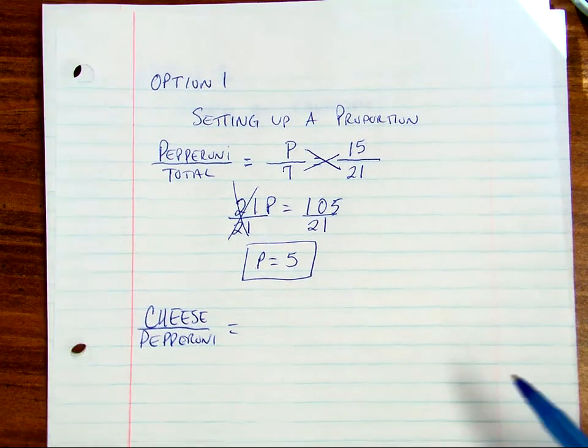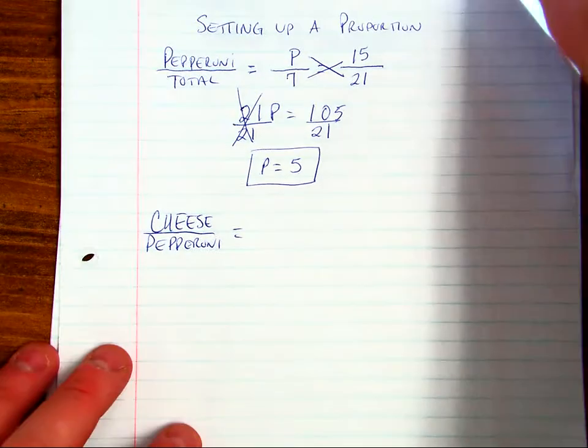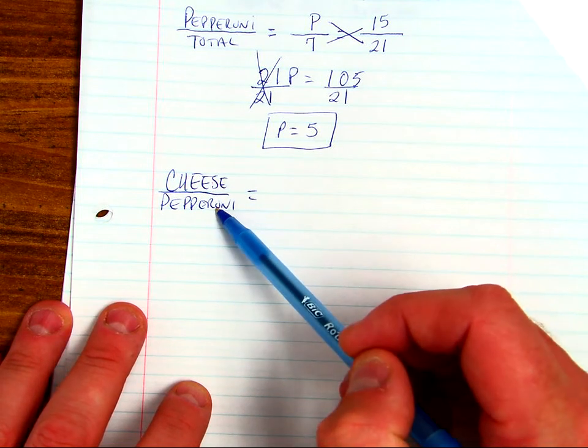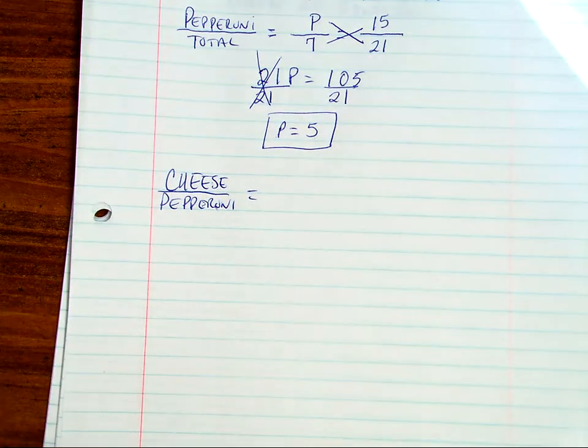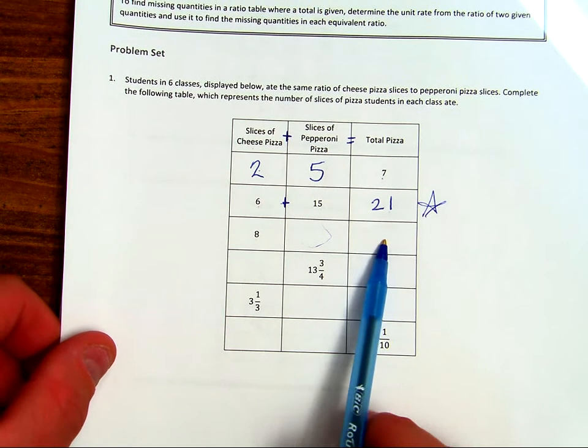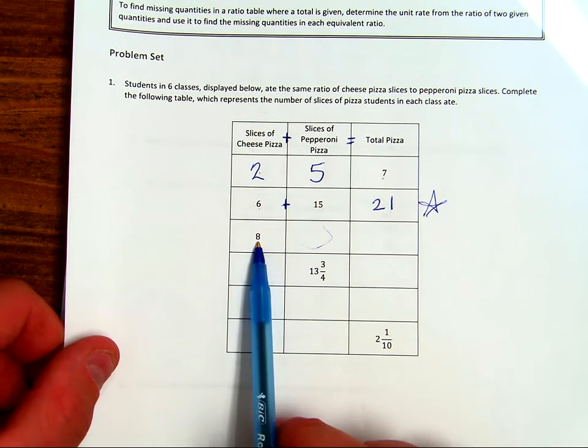I could, if I wanted to, make the numerator pepperoni and make the denominator cheese. I could have, for this one, made my ratio cheese to total or total to cheese. It does not matter.